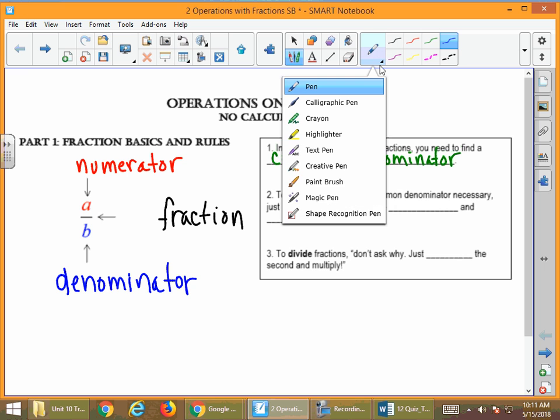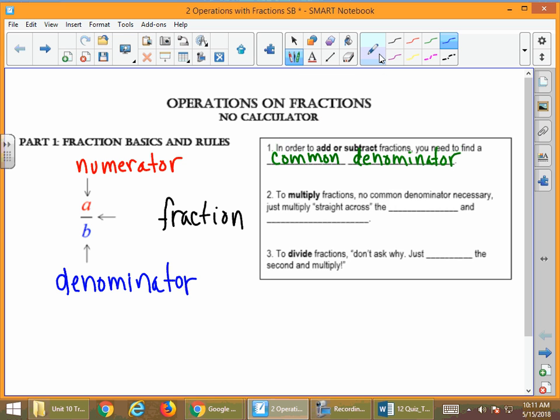If we look specifically here at the multiply, no common denominator, but we multiply straight across. We multiply the numerators together, and then we multiply the denominators together.